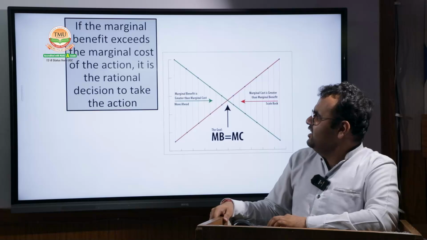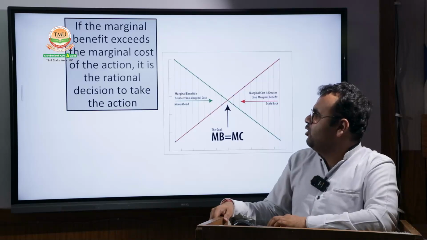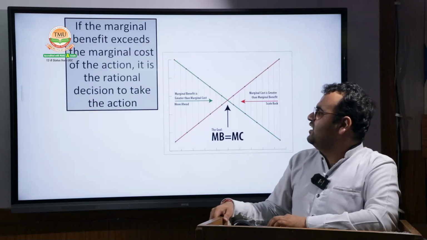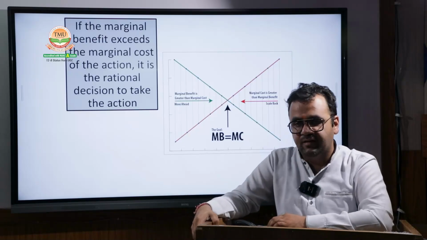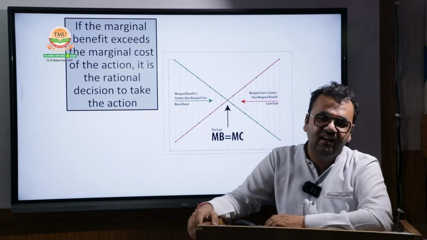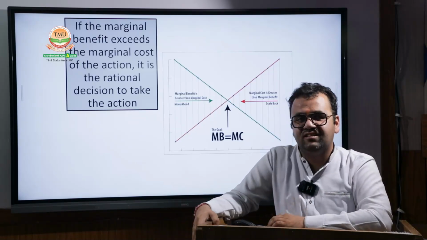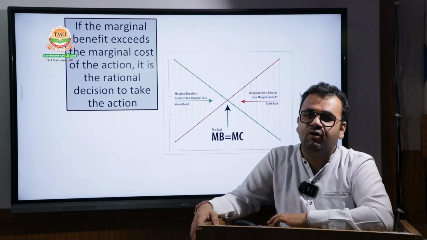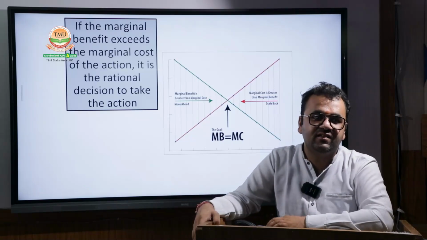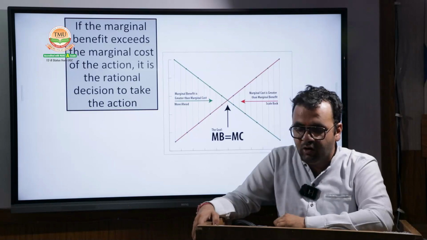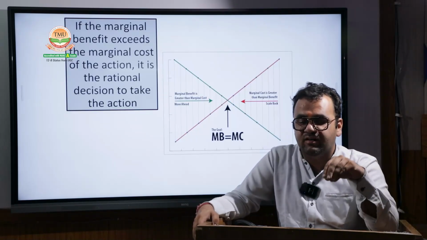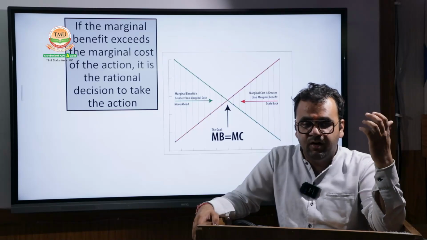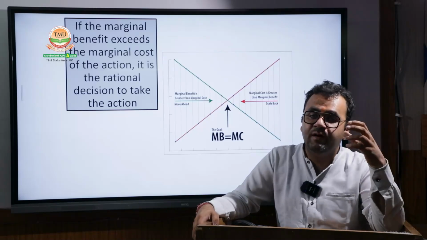If the marginal benefit exceeds the marginal cost of the action, it is a rational decision to take the action. If we are taking any action, we are taking it only for the welfare of the organization. If more production is produced in the organization, then the firm or the organization gets more benefit.